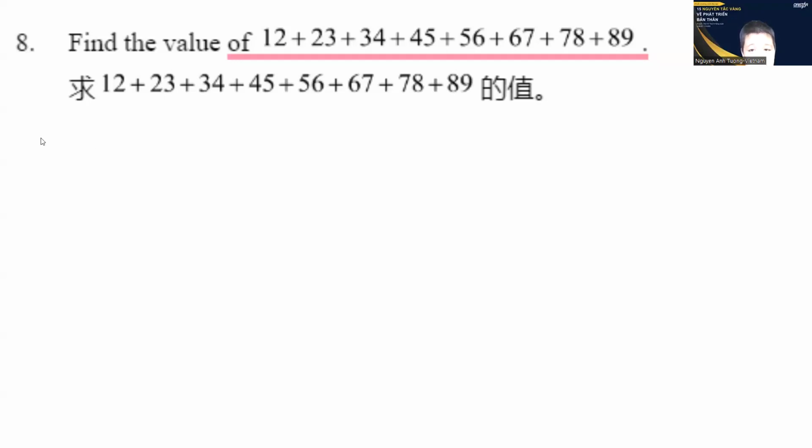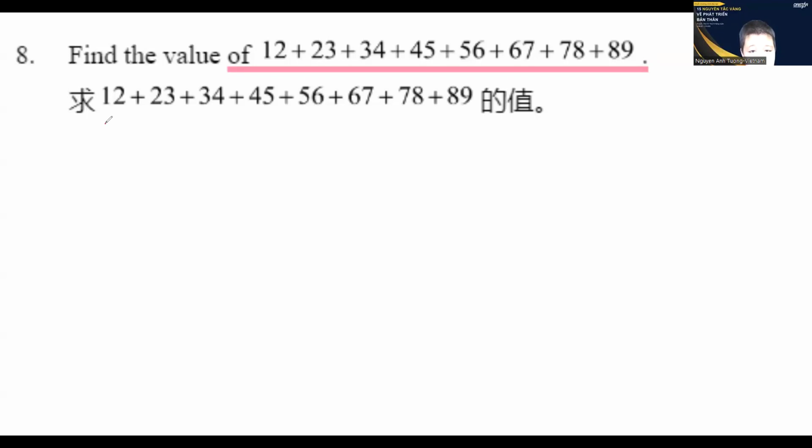First, we find the number of the numbers in here. And then we find the sum. First, we take the biggest number plus the smallest number.